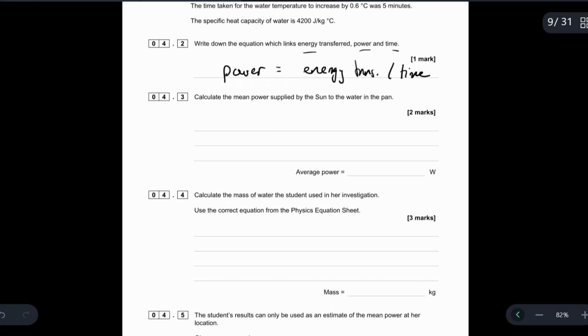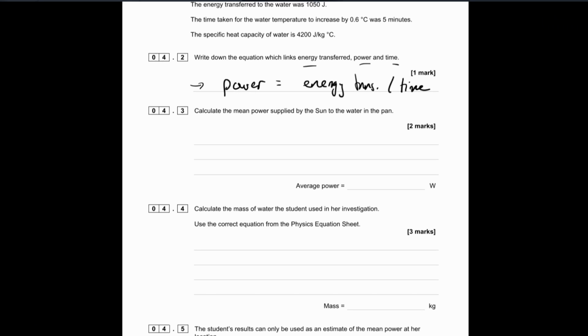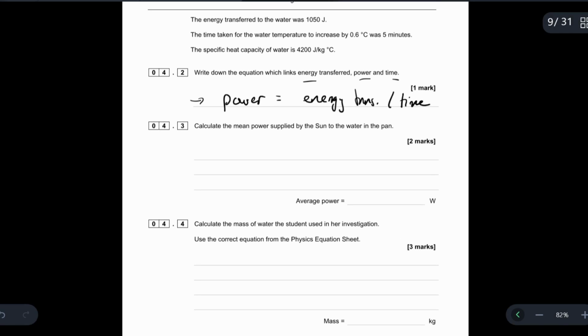Calculate the mean power supplied by the sun to the water in the pan. So we're going to take our equation from 4.2 and apply it in 4.3. We just need a simple substitution of the numbers given in the question. We've got 1050 joules of energy transferred. And how long did it take? Well, it took 5 minutes. Here we need to be a little bit careful when we do our division.